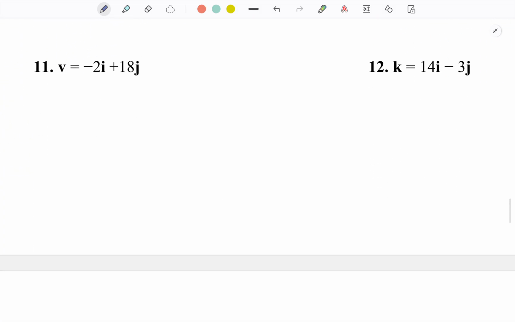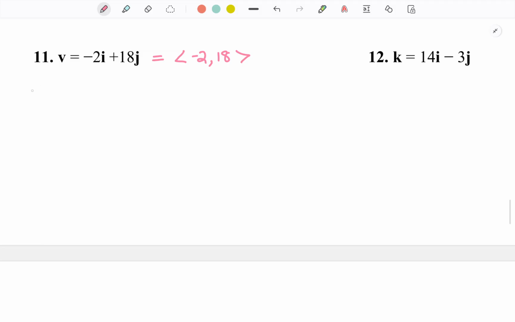And then on 11, we have a linear combination. So that is going to be, as component form, negative 2, 18. And so our magnitude of V is the square root of negative 2 times negative 2 plus 18 times 18.